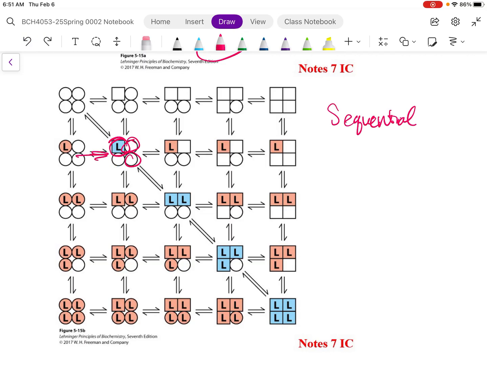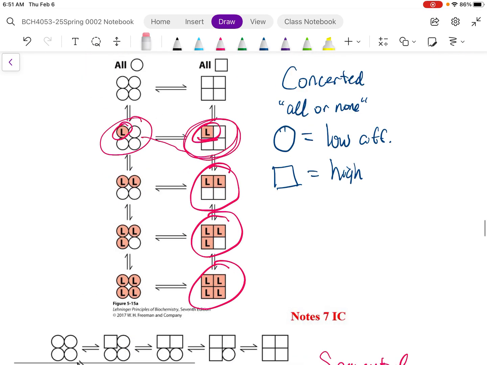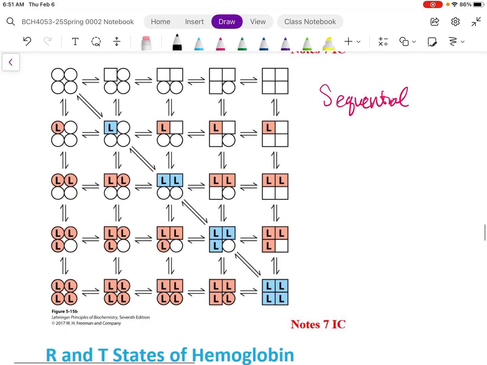Can we contrast that between the concerted and the sequential? In the concerted, one ligand binds, and it turns into all high affinity. Whereas in the sequential, when one ligand binds, only one of the subunits changes.